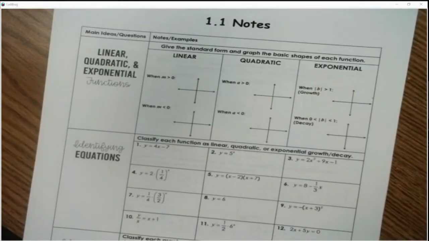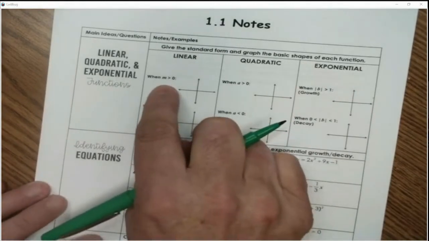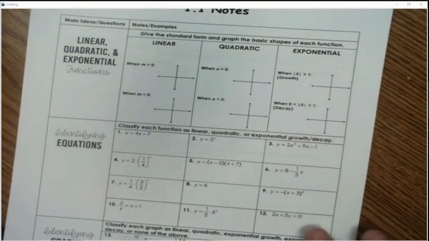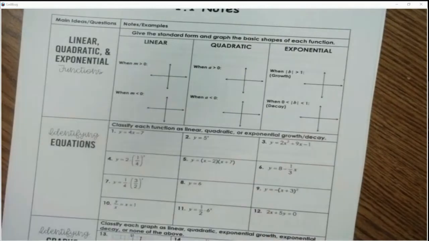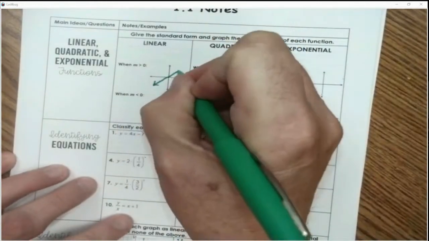So with linear, if we want to give the basic linear shapes, Mx plus b. If m is greater than 0, what is our graph going to look like? Because it's different when m is greater than 0 compared to when m is less than 0. When m is greater than 0, we've got a positive slope.